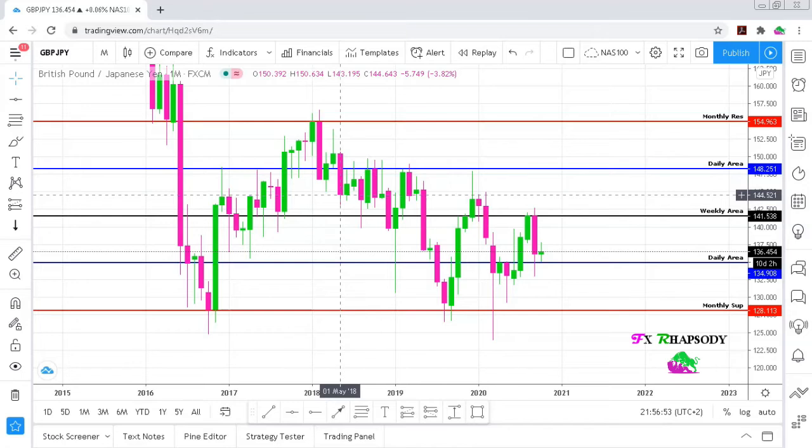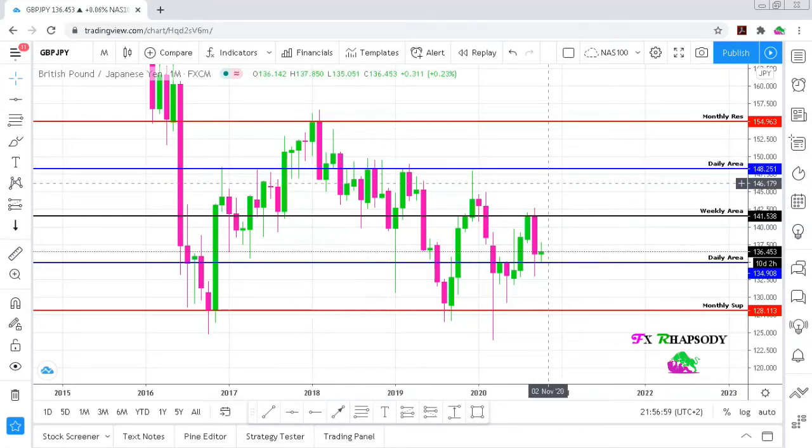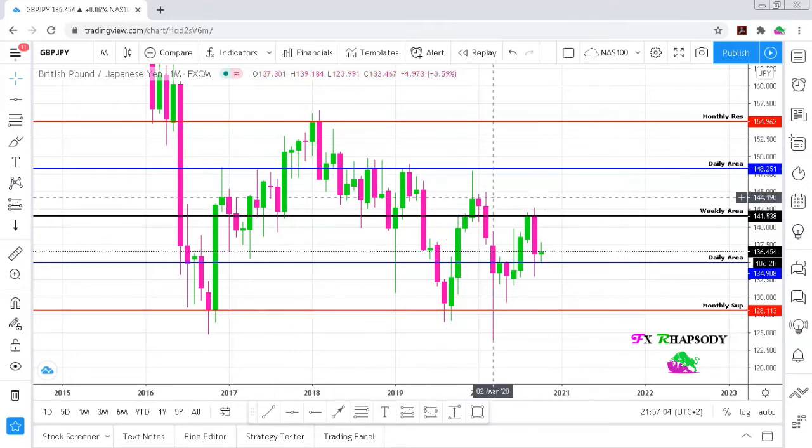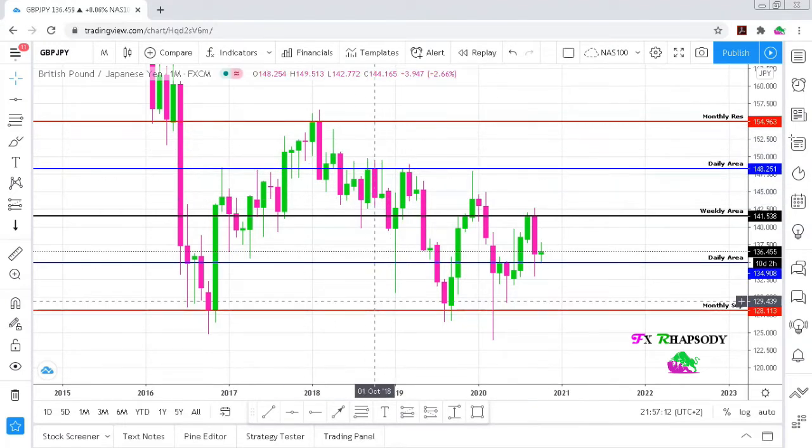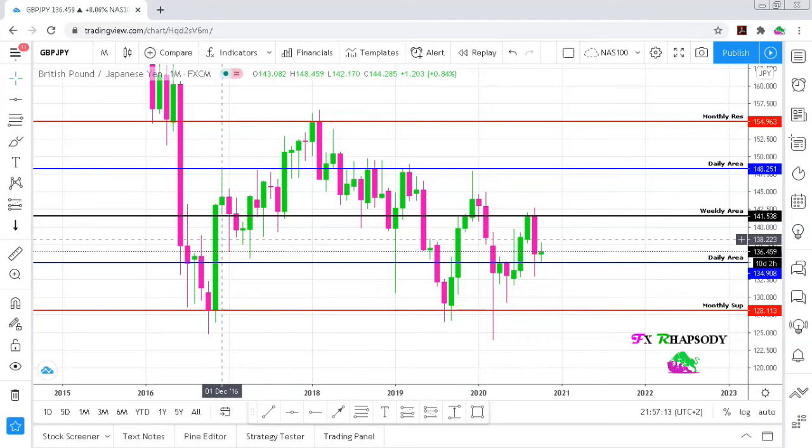As you can see, the daily area, I didn't look for them beforehand. This is what I do every single time, and you can just go through the pairs and draw them and see how price respects these areas. So if you have a monthly support and resistance, you draw a line halfway.